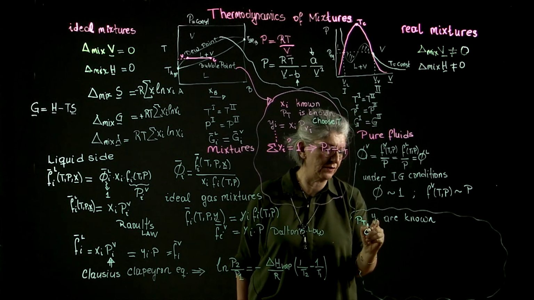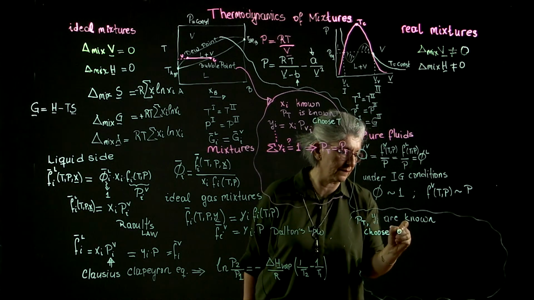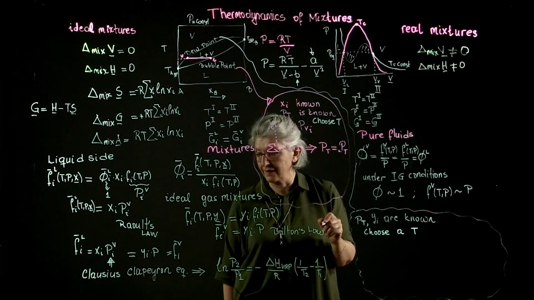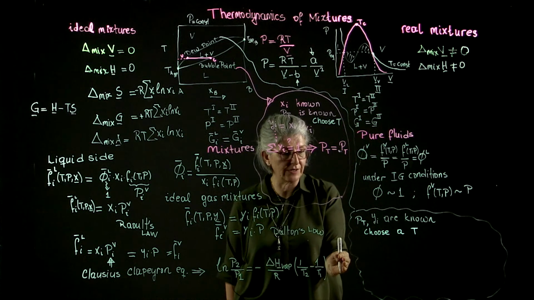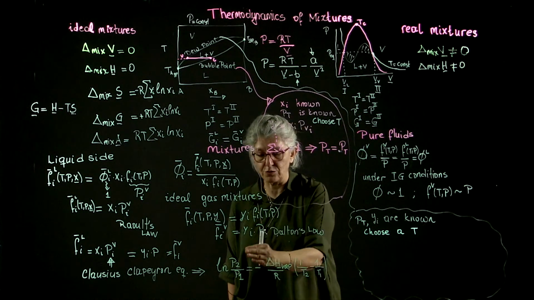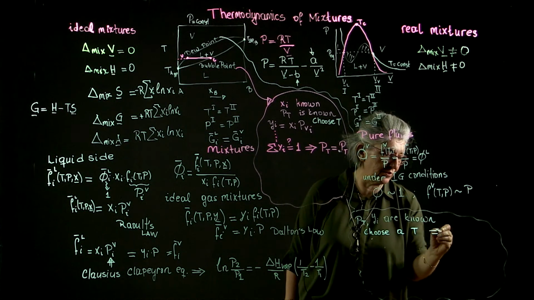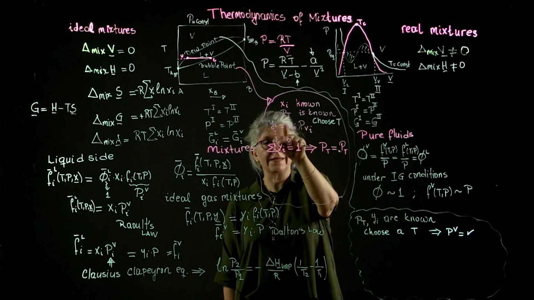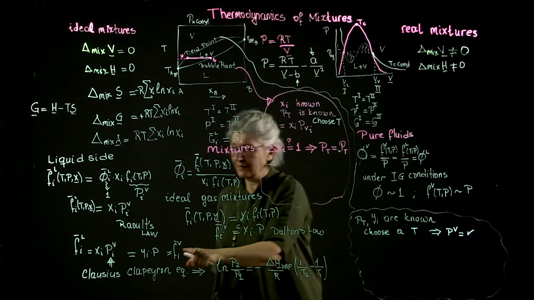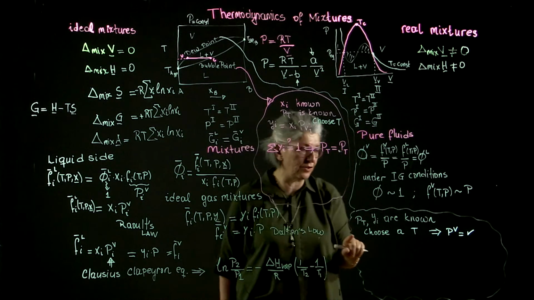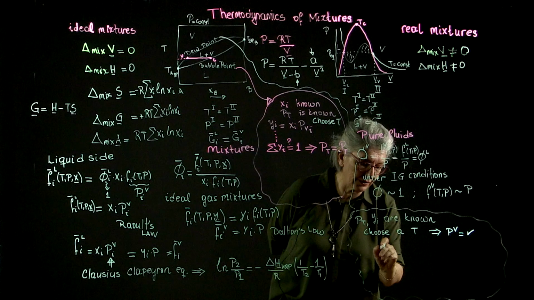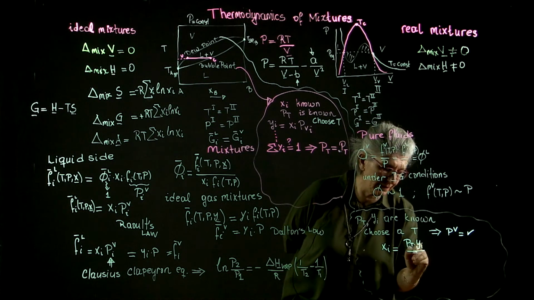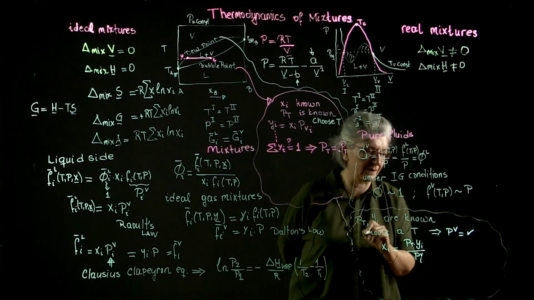Again, we choose a temperature. Again, we have the Clausius-Clapeyron equation that is going to give us the vapor pressures, but now that P total and yi are known, given the temperature, we are going to calculate xi. All right?